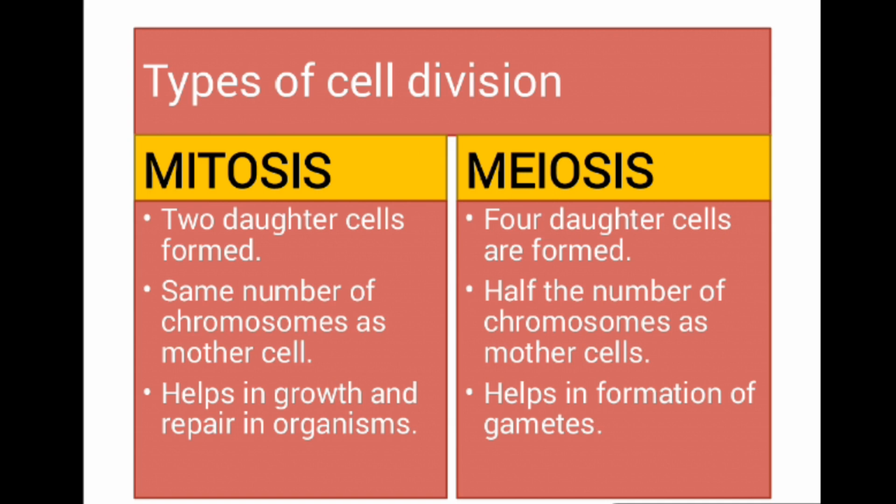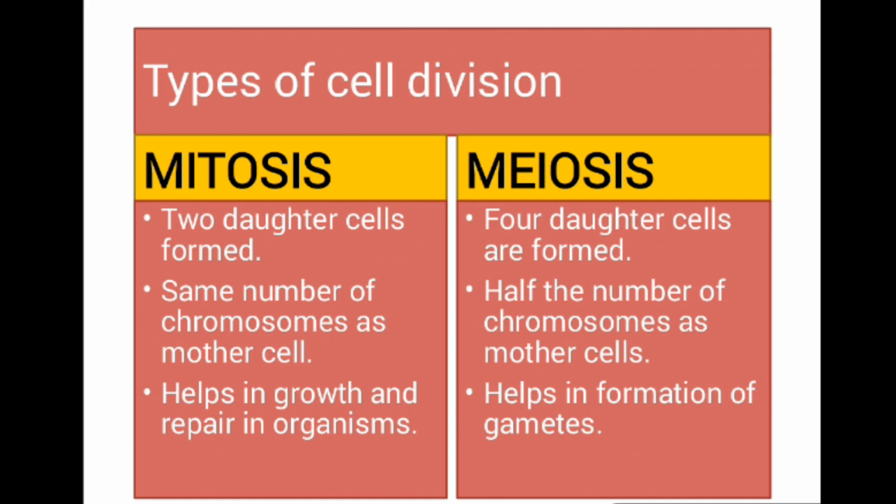There are two types of cell division, that is mitosis and meiosis. The basic difference between them is, in case of mitosis, the parent cell is dividing into two daughter cells, whereas in case of meiosis, the parent cell gets divided into four daughter cells.